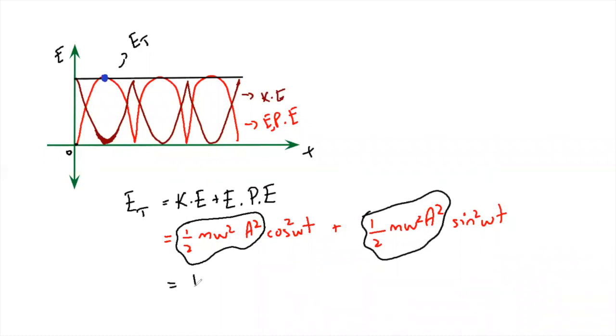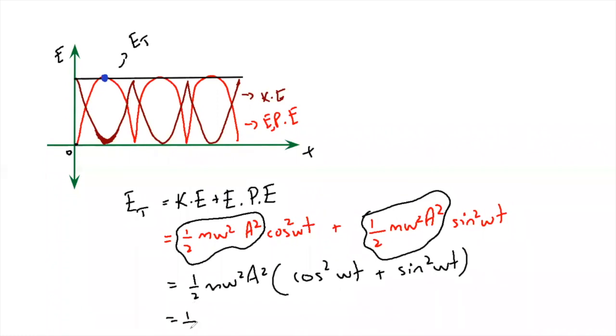So I can say that 1 over 2 m omega squared a squared times cos squared omega t plus sine squared omega t. And the other day I taught you that this whole thing is going to be 1.